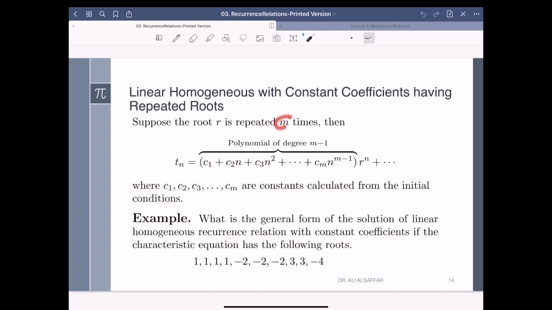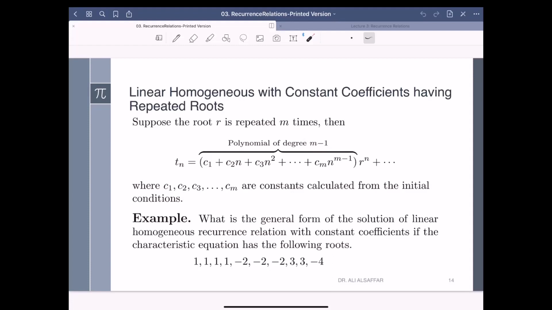If it is repeated m times, then this polynomial will be of degree m minus 1. So you start from c1 plus c2 multiplied by n plus c3 n squared, until you go to the last power, which is equal to m minus 1.